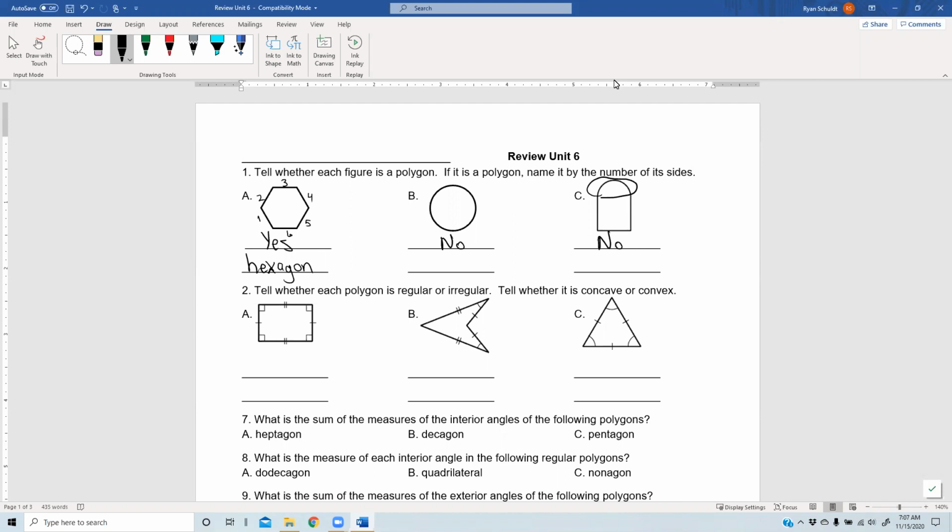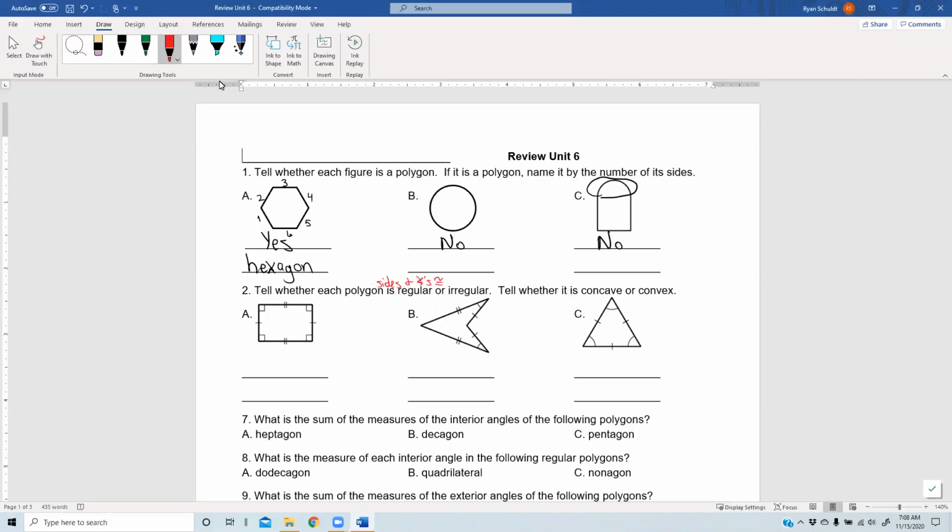Okay, number 2, tell whether each polygon is regular or irregular, and then tell whether it's concave or convex. Remember, regular means all sides and angles congruent. Irregular just means not regular.